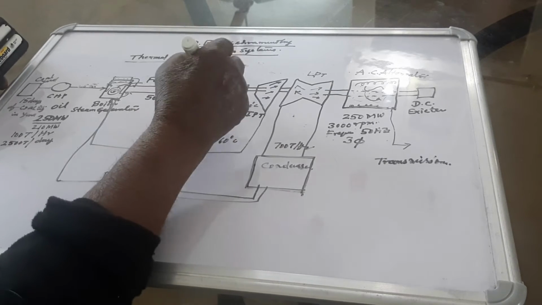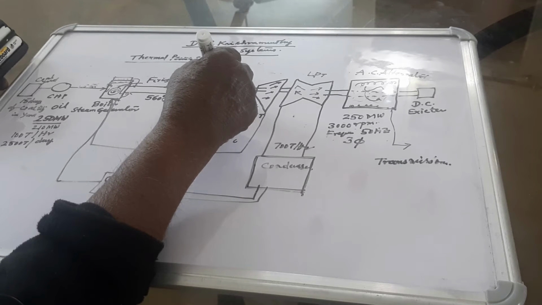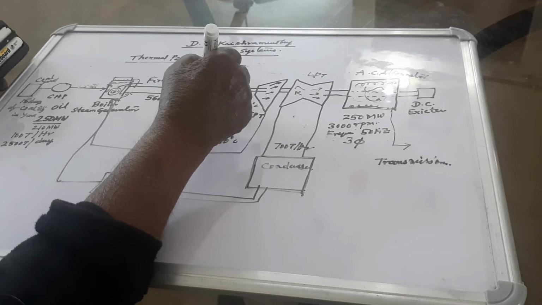Then the turbine rotates with that heavy pressure. The steam is inletted into the turbine and tries to rotate the rotor.